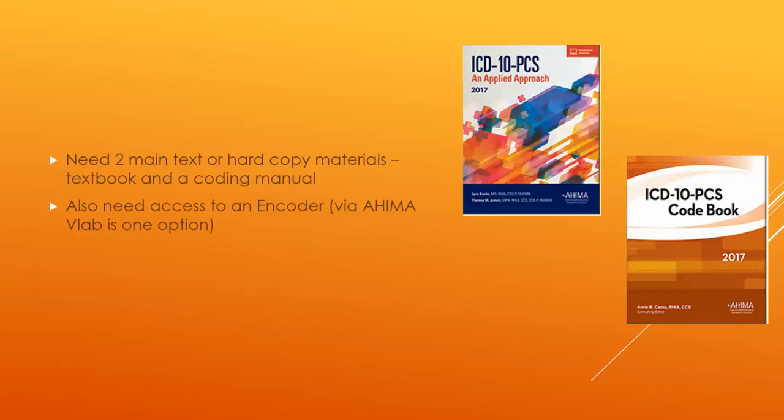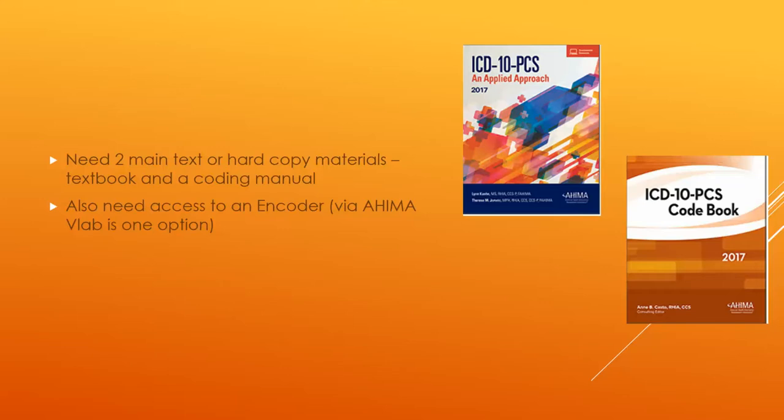AHIMA is only one vendor that provides a coding manual, but you can also purchase the version that was noted for you, I believe, at the SBCC bookstore website. There are other vendors that publish coding manuals, such as Optum, Ingenix, etc.